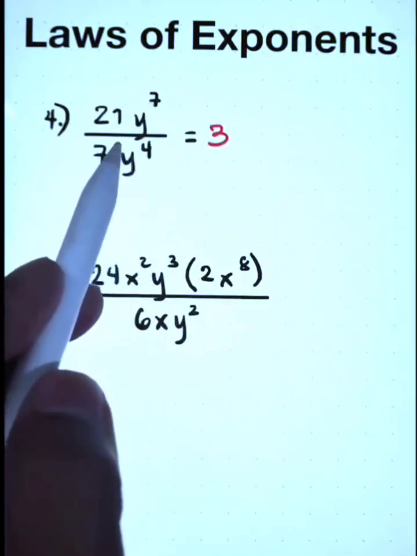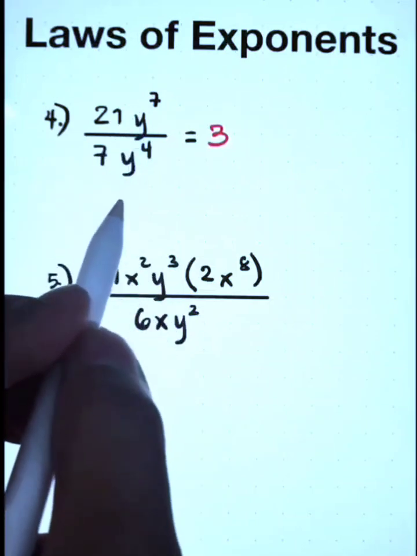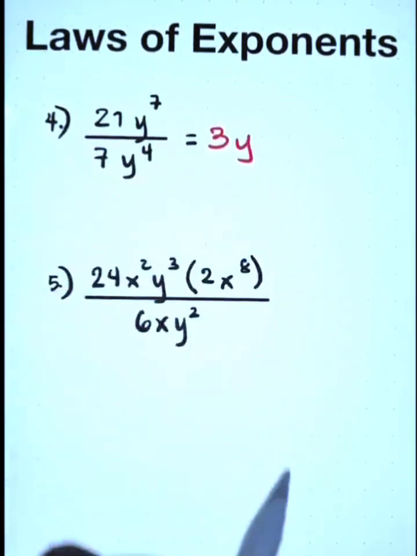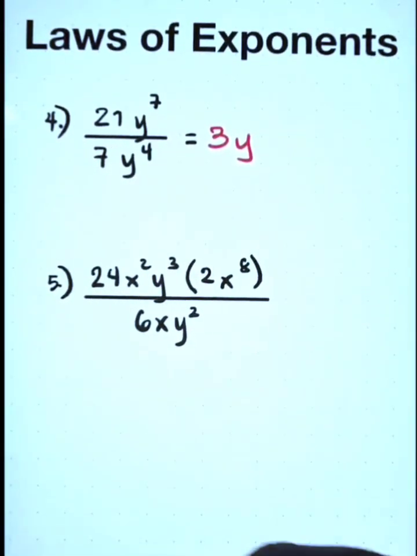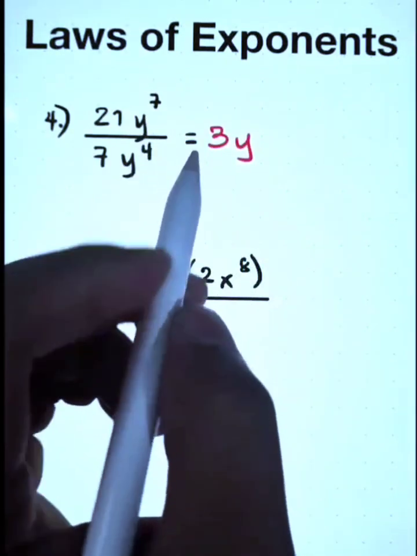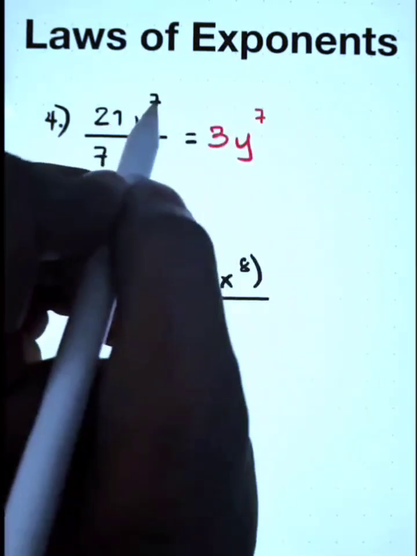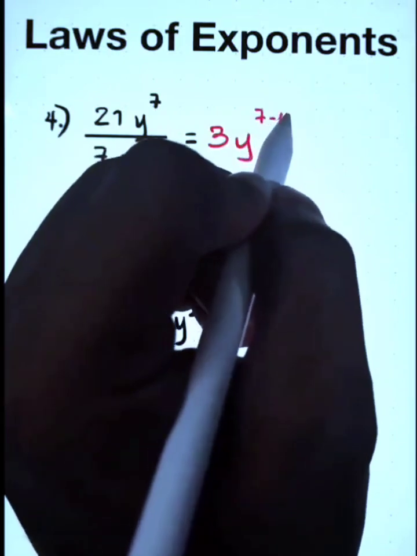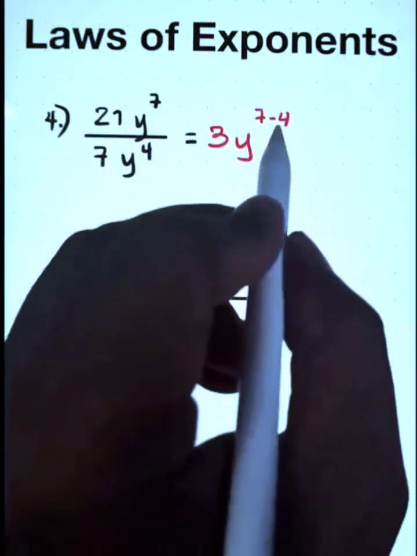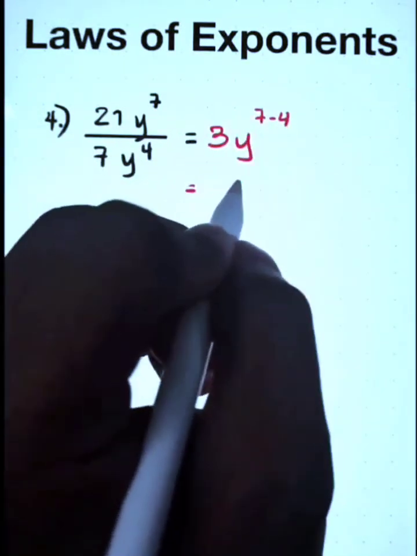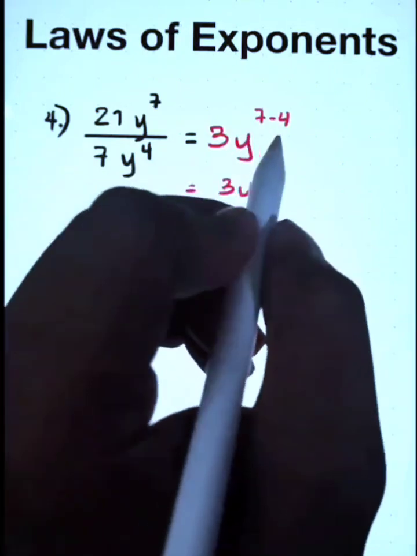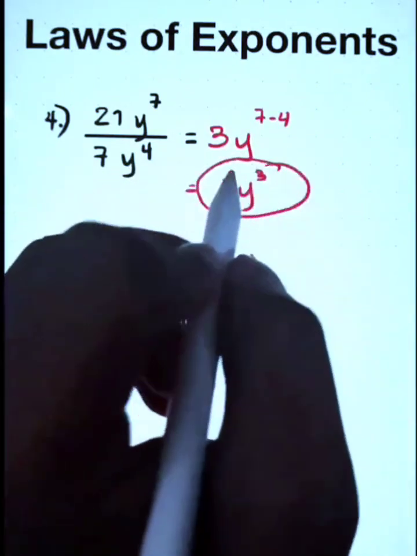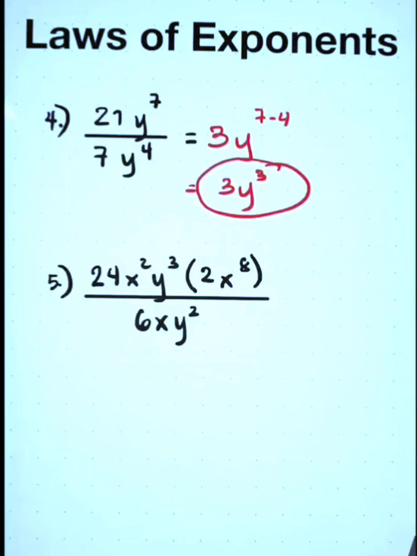Now, for the variables, applying the quotient rule, all we need to do is to copy the same variable or same base and then subtract the exponents. We start with the numerator, 7 minus 4. Simplify the exponent, it will give us 3y raised to the third power. And this is now the answer.